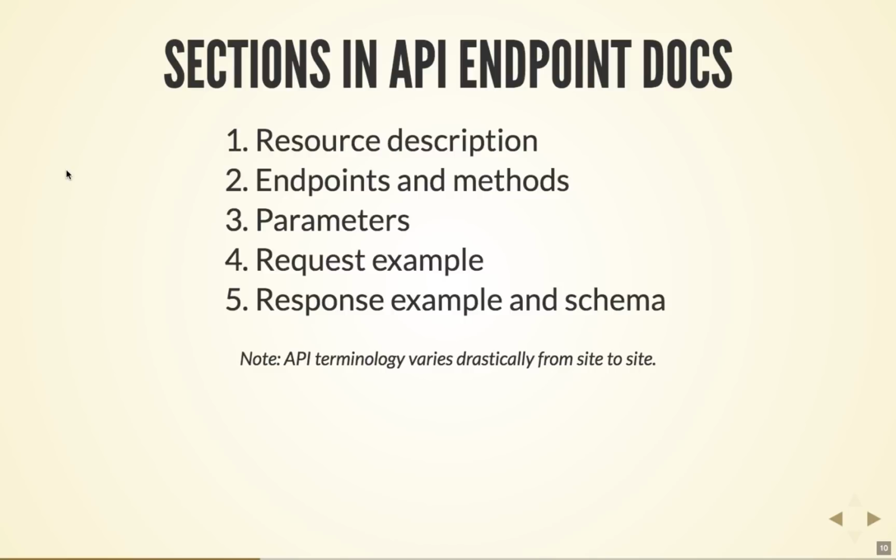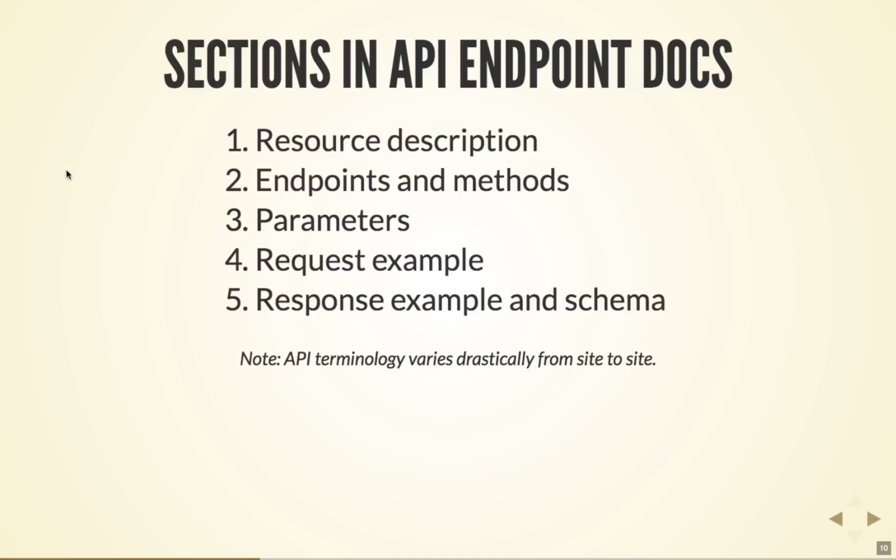And the response should include an example of a response that probably correlates with the sample request, but also something called a schema or model that would list comprehensively everything that could come back, as well as the data types and any other kind of information about whether it's required or optional and other details. Although I've listed these 5 sections as if you could go to any API doc site and just naturally see them labeled as such, it's not the case at all.